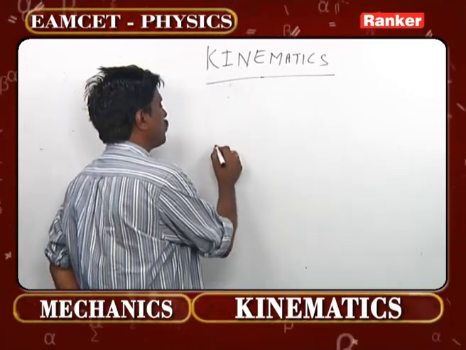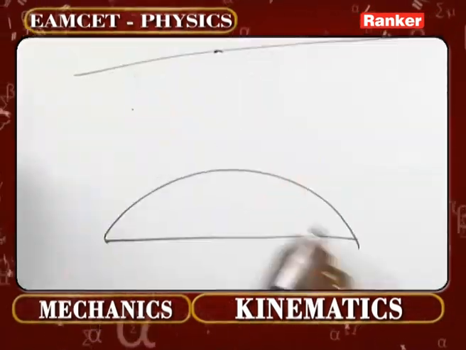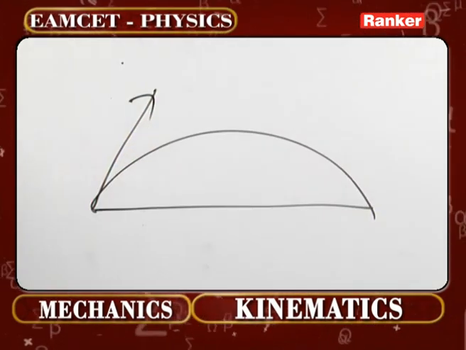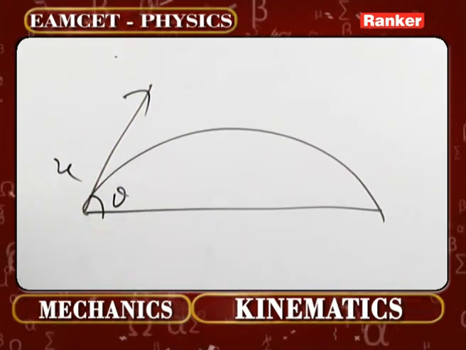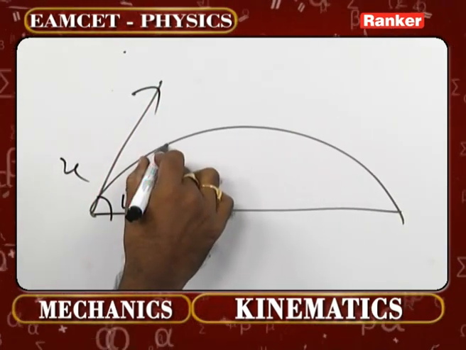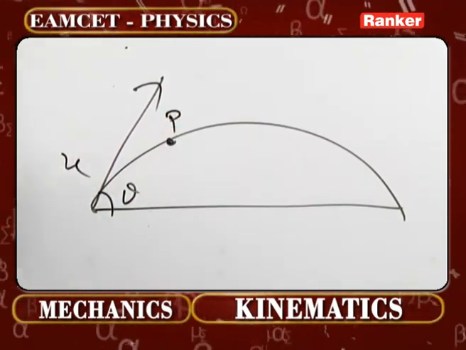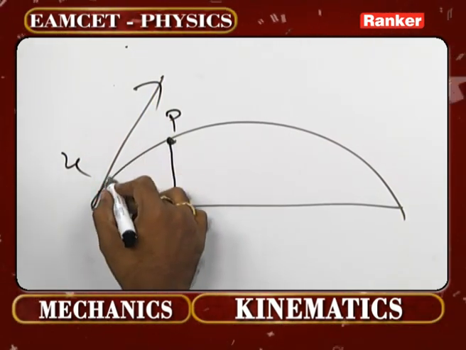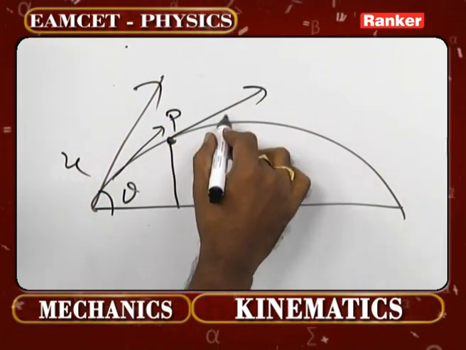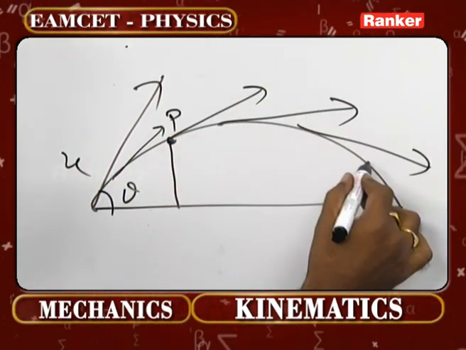Coming back to the projectile motion only, if you throw a body with a velocity u at an angle theta, after some time if it reaches the point P, the angle is continuously changing. What you have to remember here is that the angle is continuously changing.